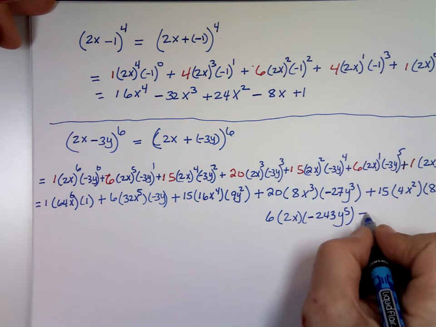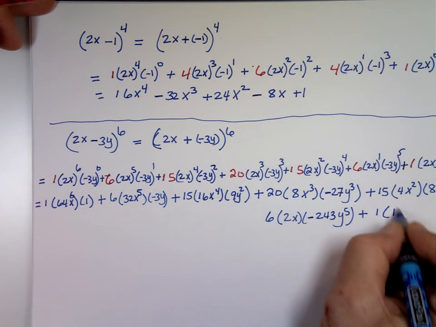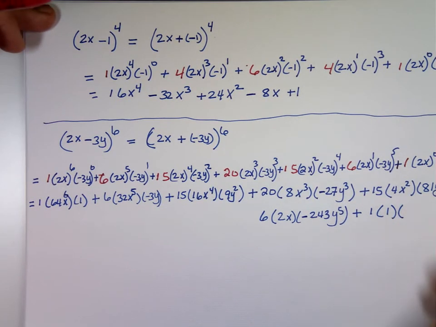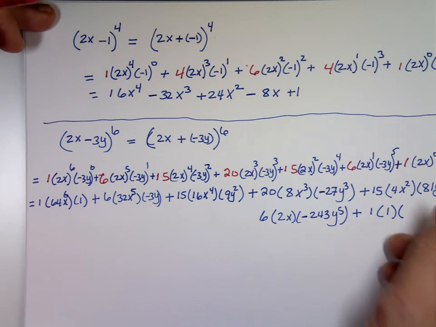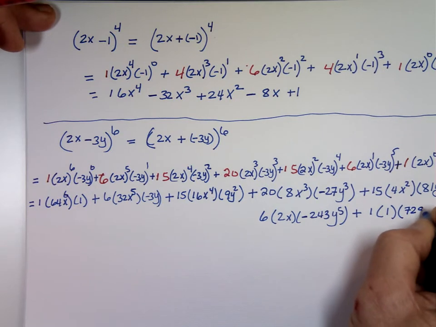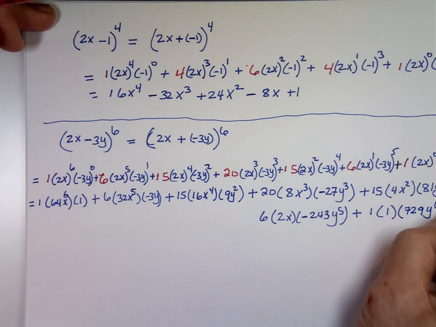The last one, 1 times 1 times what? What's negative 3 to the 6? Ugh. What is it? 3 to the 6. 729. 729y to the 6. Now we're just going to clean it.